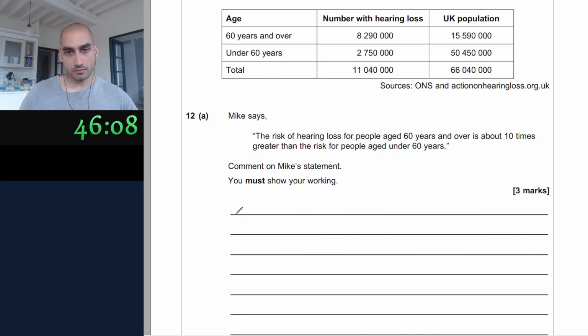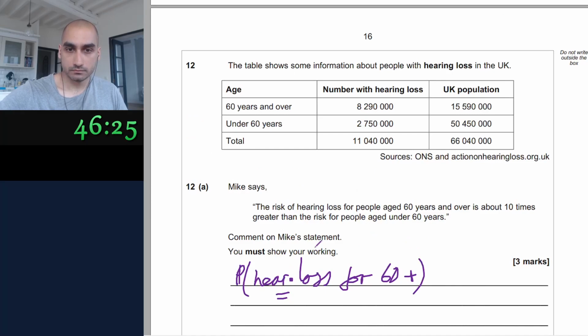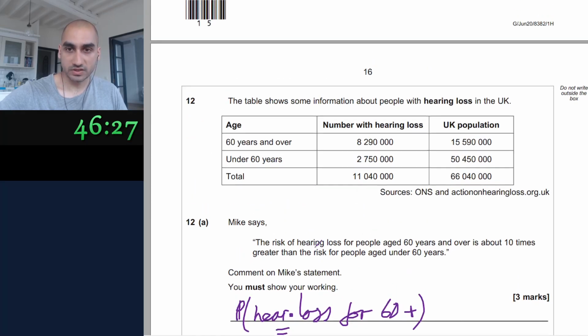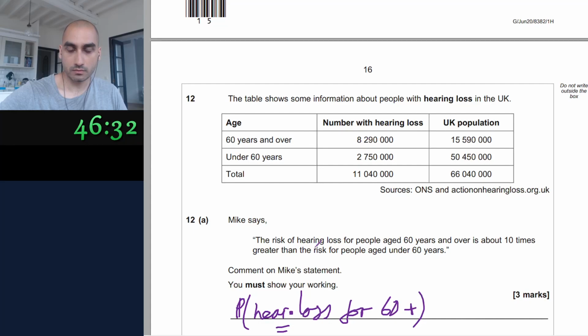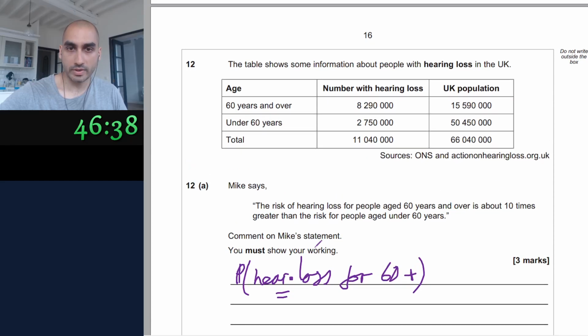So probability of hearing loss for 60 plus equals... so we don't care about the U, but oh, I see. Okay, fine.